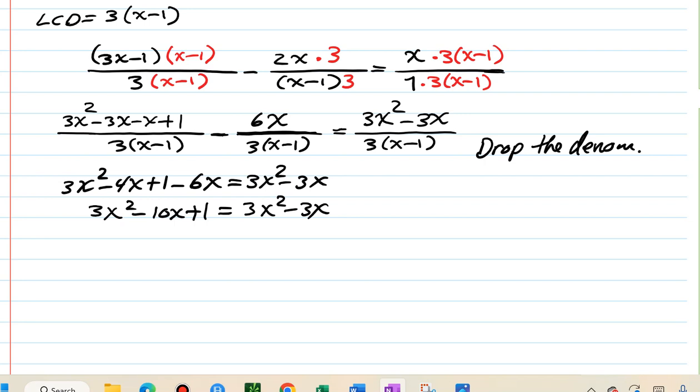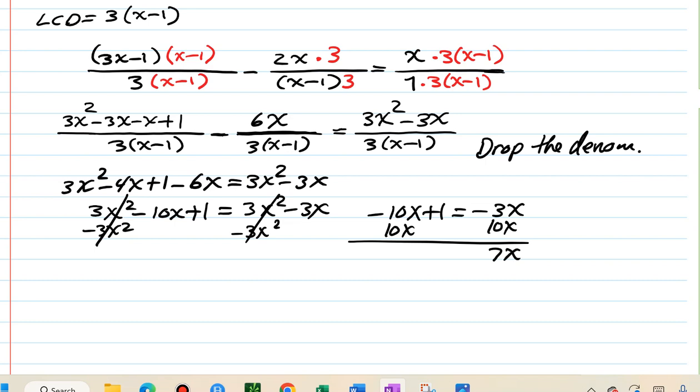Let's isolate x on the left side. So I would subtract 3x squared from both sides. And when we do, those cancel. So I'm going to have just negative 10x plus 1, equals negative 3x on the right side. Next, let's add 10x to both sides.